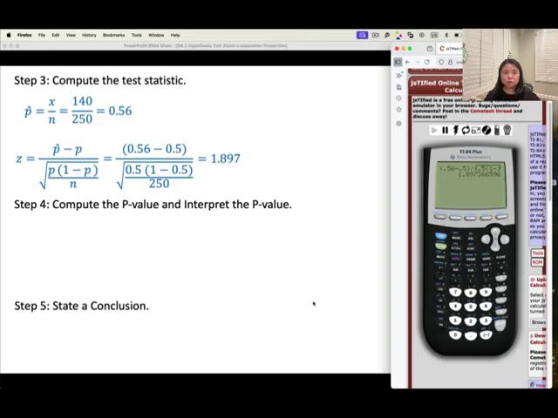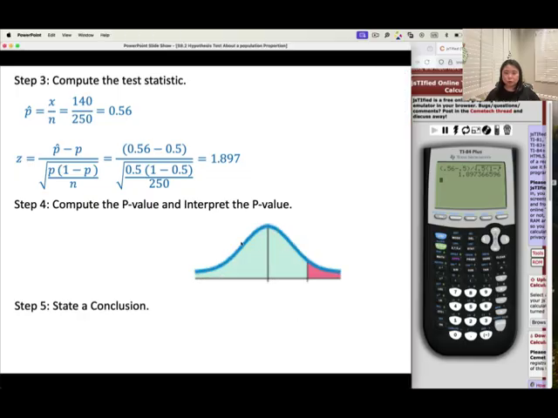Now after we find the test statistic, we use it to find the p-value. For the alternate hypothesis, we know that this is a right-tail test. So I have the picture with the right tail, and my test statistic will be 1.897 here. The p-value is the area of the right tail.